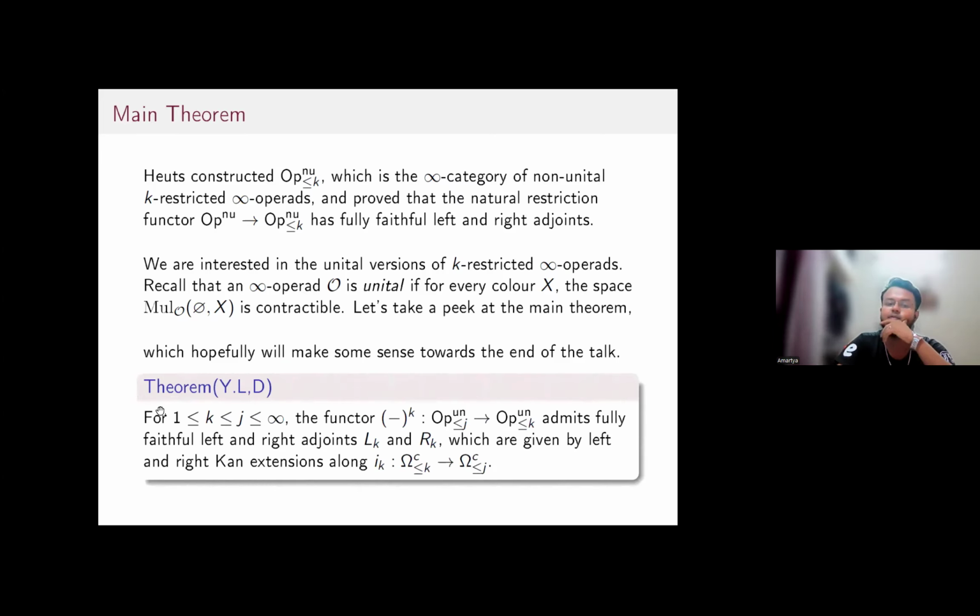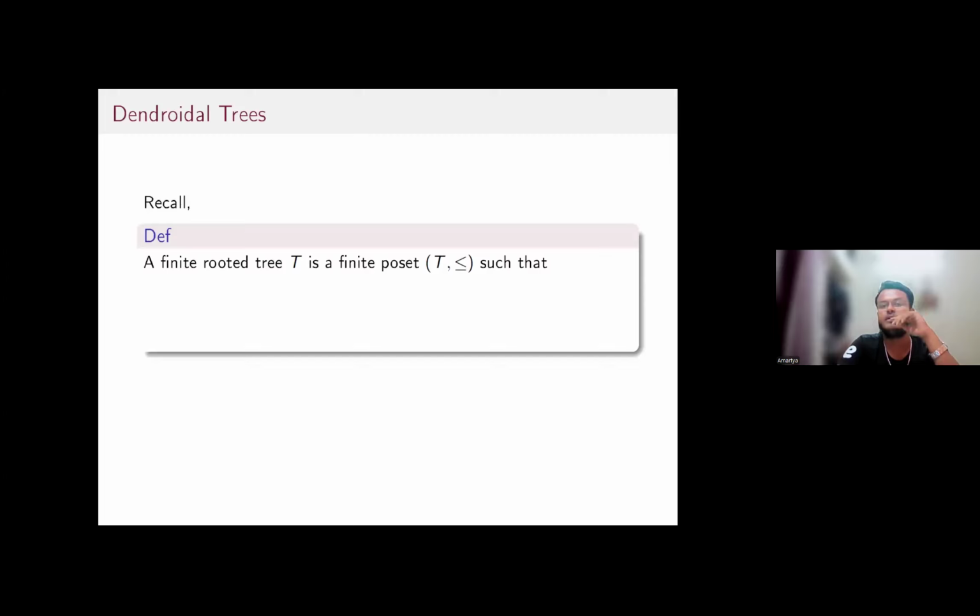So this is the theorem: for 1 less than or equal to k less than or equal to j less than or equal to infinity, this functor admits fully faithful left and right adjoints, which moreover are given by left and right conic extensions along this inclusion. That was the introduction that we needed.